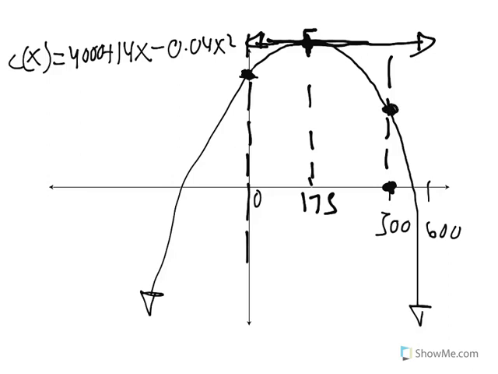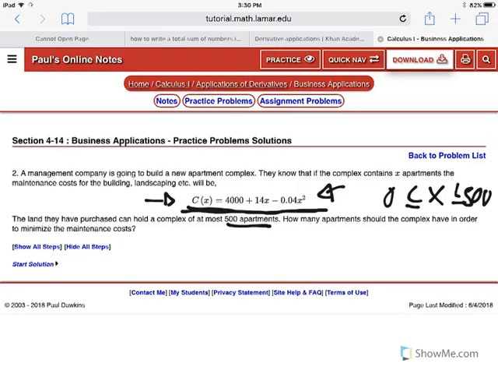There's not a point that's lower on this graph than when x equals 500 inside these boundaries. At 0, the maintenance cost is 4,000, and then the maintenance cost is going to be higher at 175, but when you go back down to 500, the maximum number of apartments that can be built, that's when the maintenance cost function is minimized. So the answer is 500 apartments to minimize the maintenance cost function.